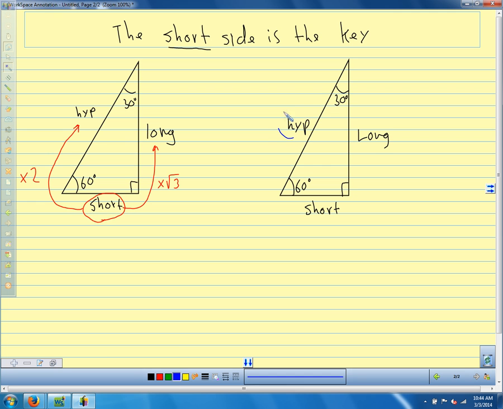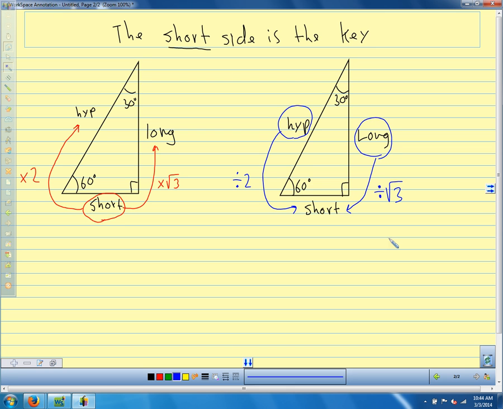Now to go the other direction, to go from the hypotenuse to the short side, what's the opposite of multiplying by 2? Divide by 2. And to go from the long to the short, opposite of multiplying by the square root of 3, divide by the square root of 3.